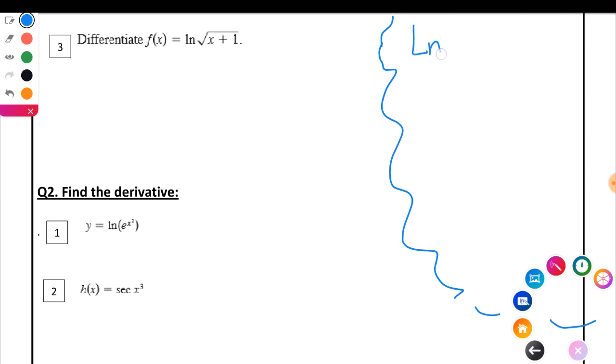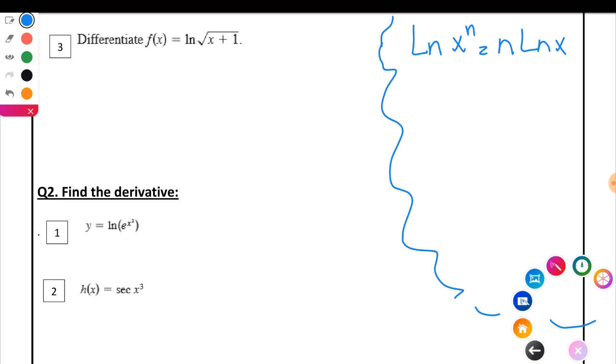The natural logarithm of x to the power n is n ln x. I will use this property. What are the benefits of using the properties of the natural logarithmic function? They make the differentiation easier.